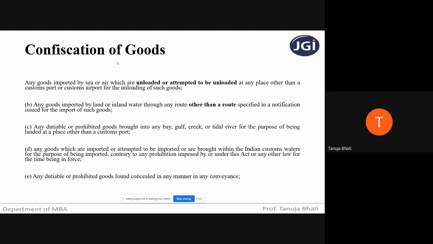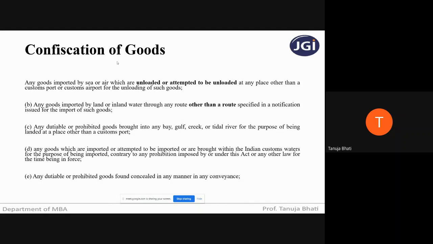Or any dutiable or prohibited goods which are removed or attempted to be removed from either the warehouse or the customs port without the permission of the proper officer, or any dutiable or prohibited goods which are transited with or without transshipment. Transshipment means the goods will be moving further somewhere.